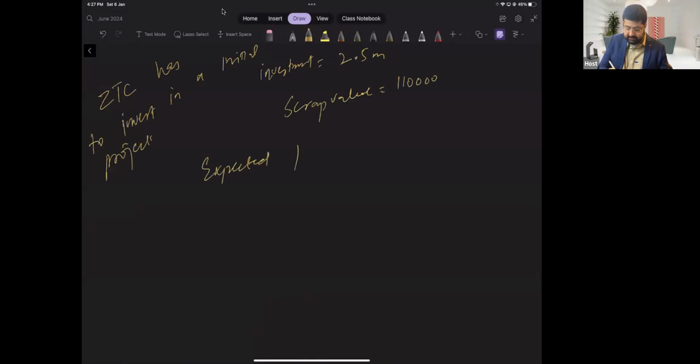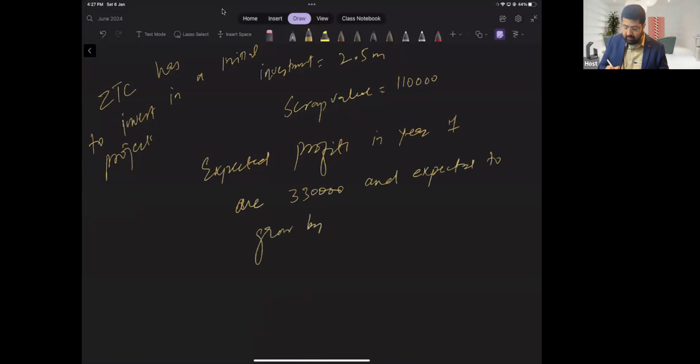Expected profits in year one are 330,000 and expected to grow by 7% for the next 4 years. Calculate ARR of the project.